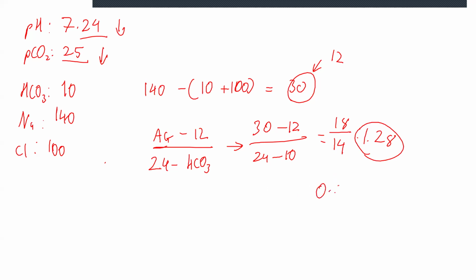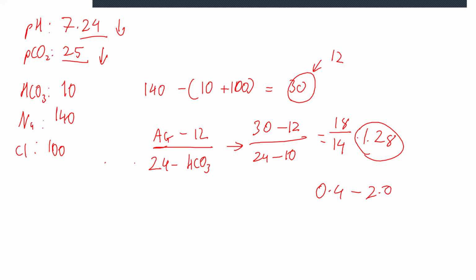It's between 0.4 to 2.0, which tells us that our case does have a high anion gap metabolic acidosis, but they don't have another disorder on top of it, right? Like they don't have a pre-existing metabolic alkalosis, whatever that means.